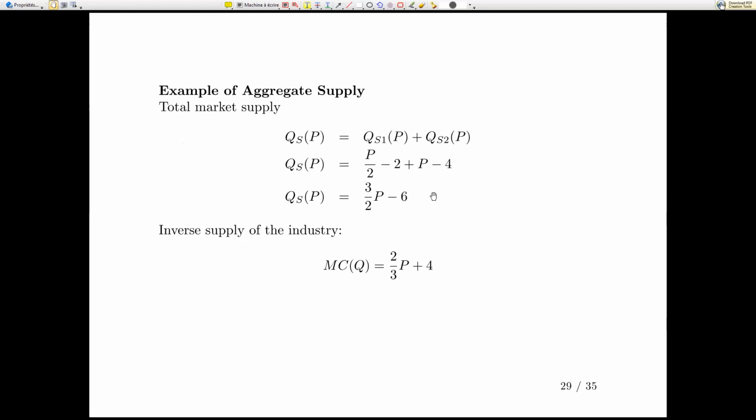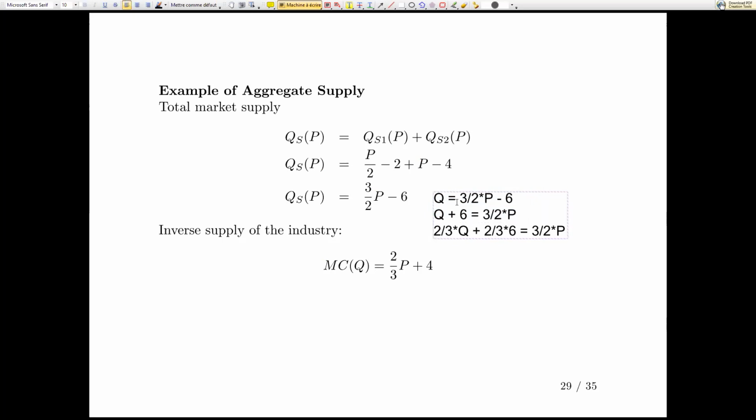Right, so I can just show it to you briefly. So you get Q equals 3 over 2 times P minus 6. So let's put the plus 6 here. And then I multiply by 2 on either side and divide by 3. Then 2 divided by 3 times 6.